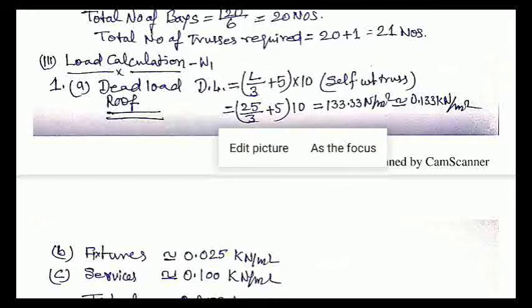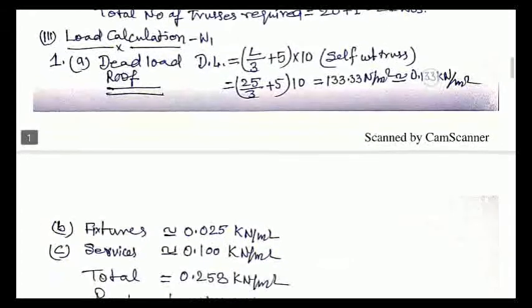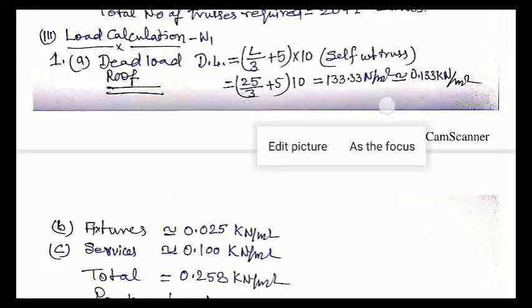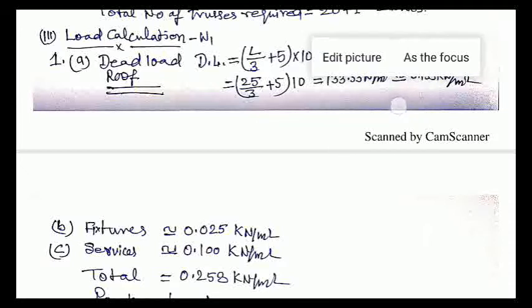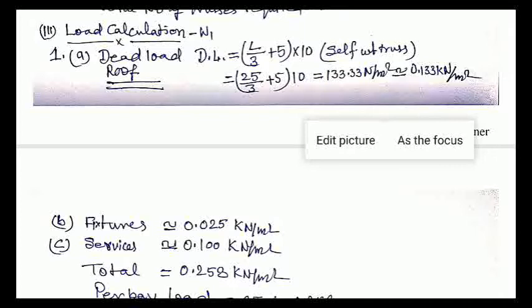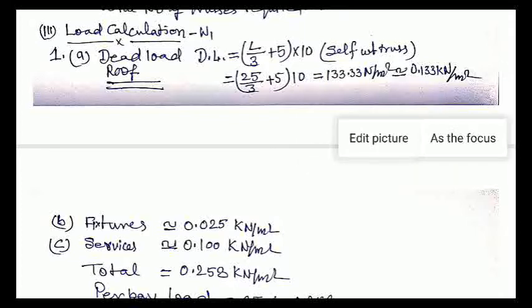So the total weight or dead load will be 133.33 Newton per meter square. Okay, so you can say 0.133 kilonewton per meter square.